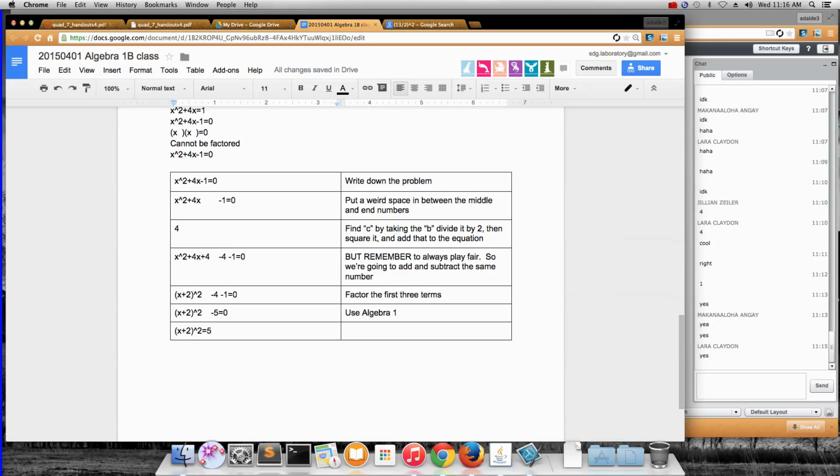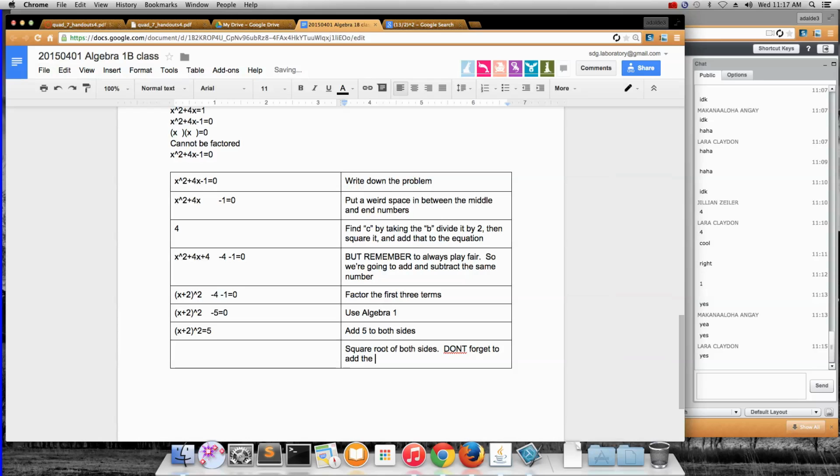All right. Now, in order to get rid of the square, add 5 to both sides. All right. In order to get rid of the square, I'm going to take the square root of both sides. Don't forget to add the plus or minus.